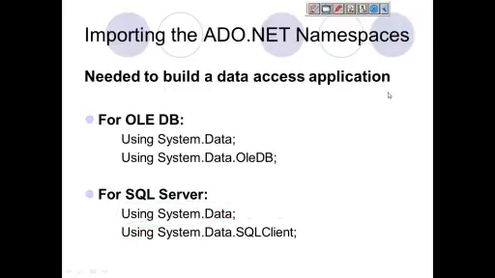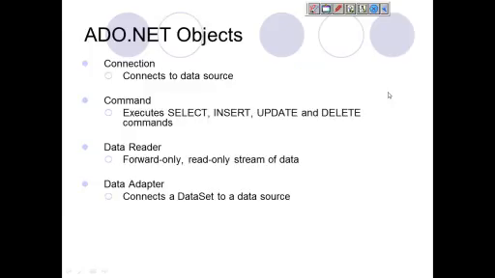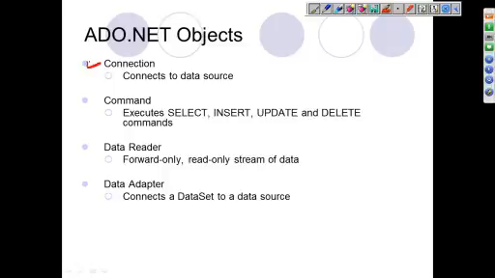Now what objects are there and what do they do? The first object is the connection. The connection object is basically an object of the SqlConnection class in our case, because we are using SQL Server as a database. The SqlConnection class connects to the data source.